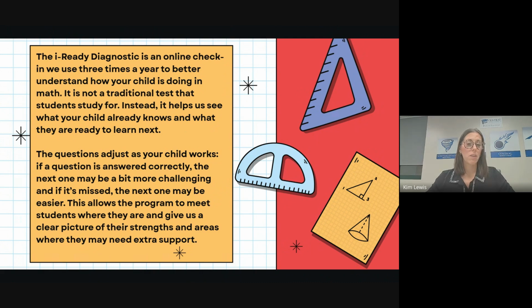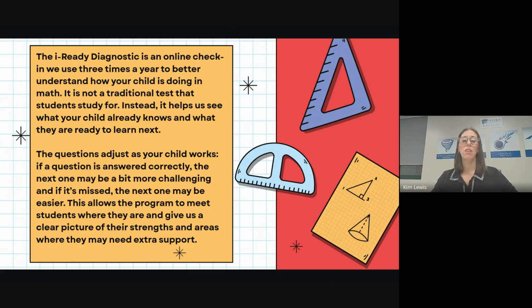The other piece I'll say about the iReady diagnostic for math is that the questions do have the option to listen to the questions. So we're trying to take that reading element out, and we really get to see what they know mathematically. So the questions are read to them if they choose to select the little speaker button and have it read to them.